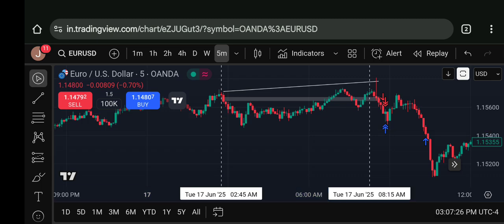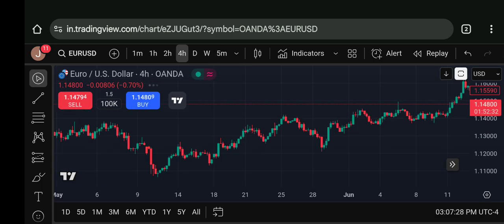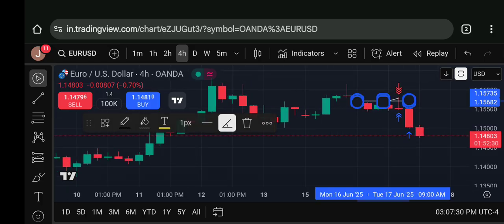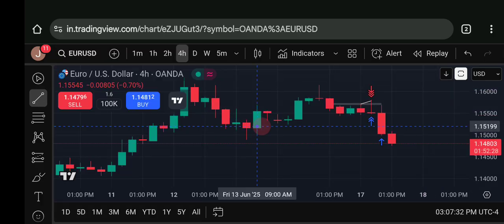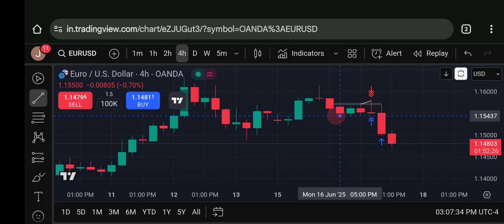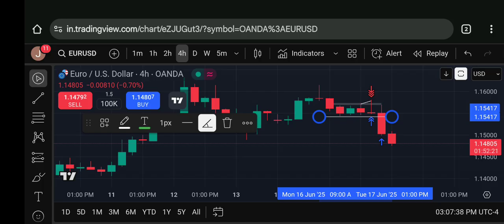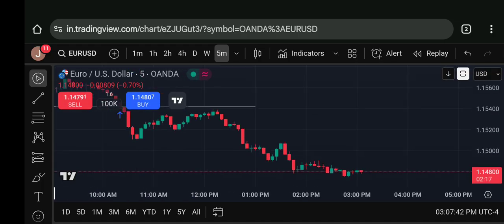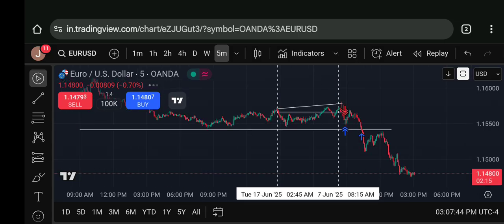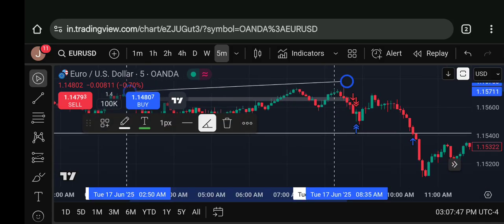If the higher time frame bias, 4 hour IRL to this ERL here, is my higher time frame bias, and then on the 5-minute price has swept the buy side liquidity here.